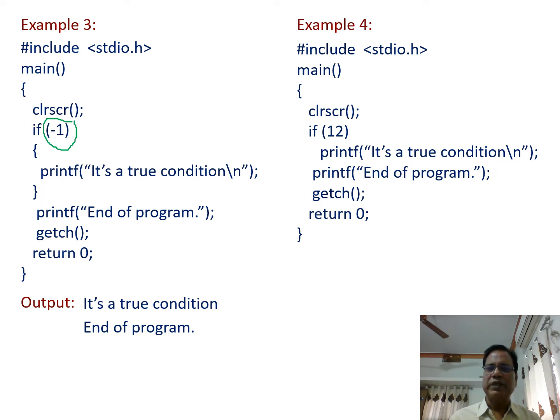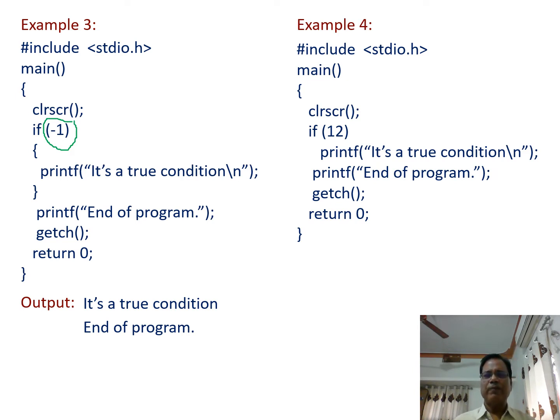So here condition is true. So printf statement is executed and we get the output. It's a true condition. And following this one, next statements are executed. So next printf statement prints the end of the program on the output screen.